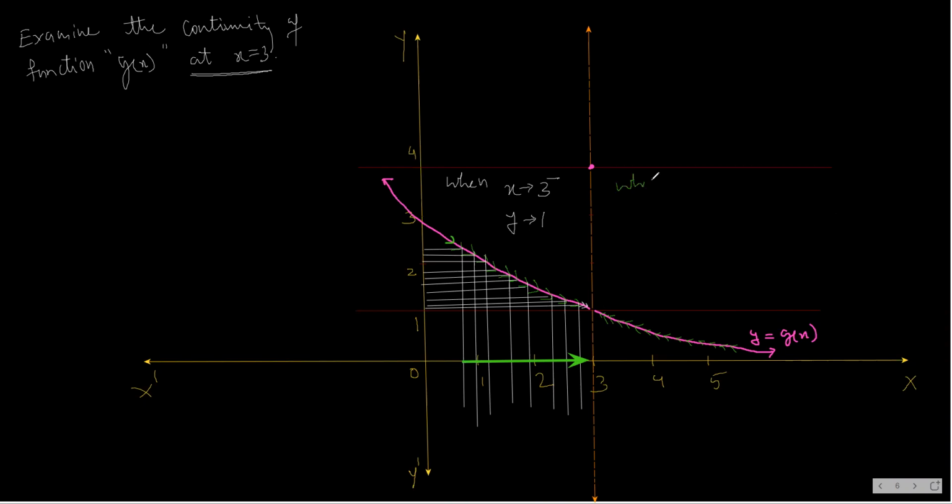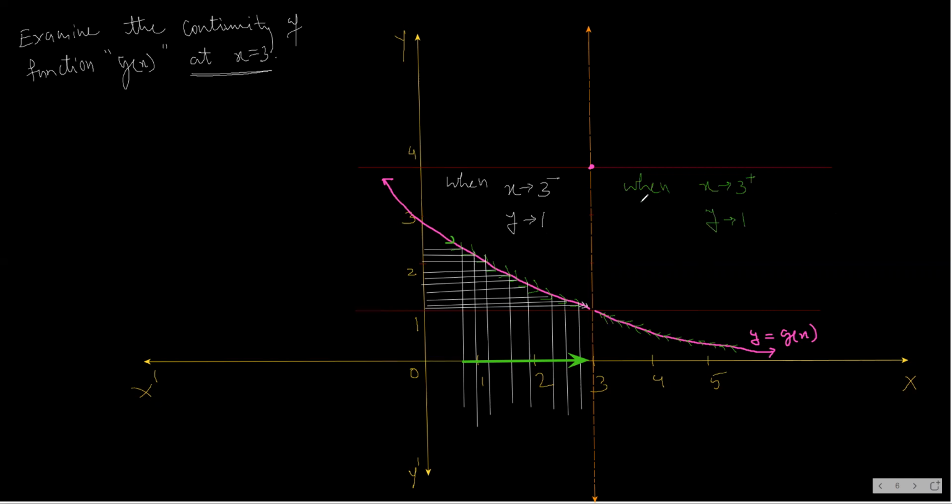So you will write here, when x is approaching 3 from the right, that is from the higher side, that is x tends to 3 positive, y is approaching 1.